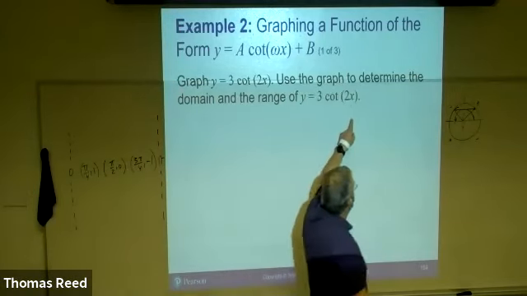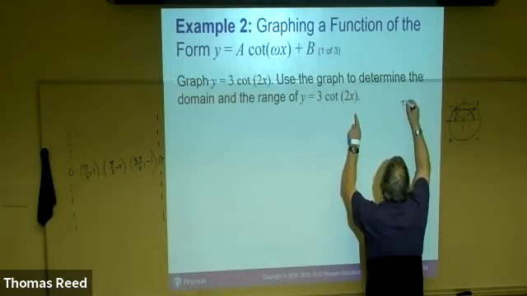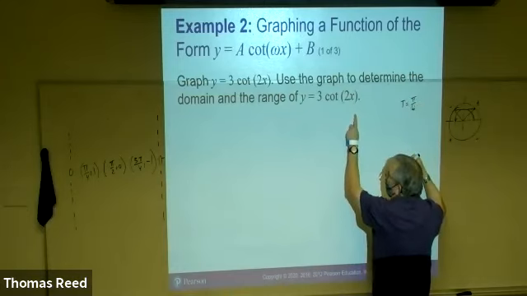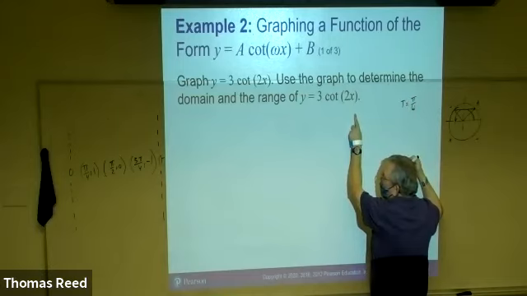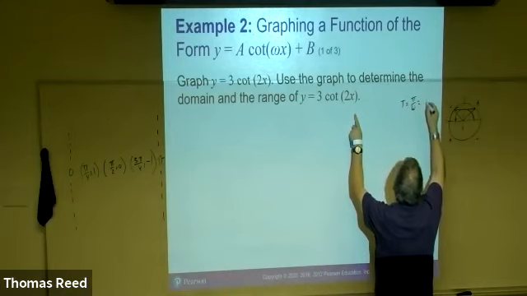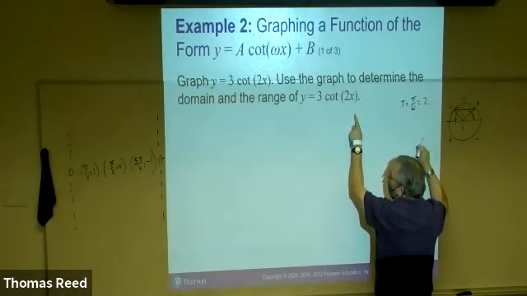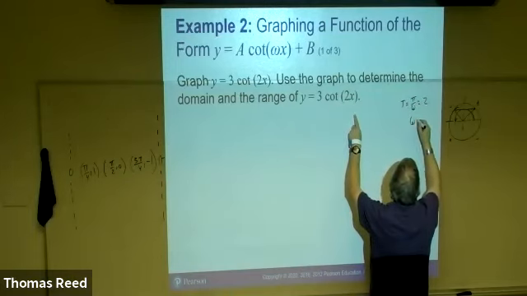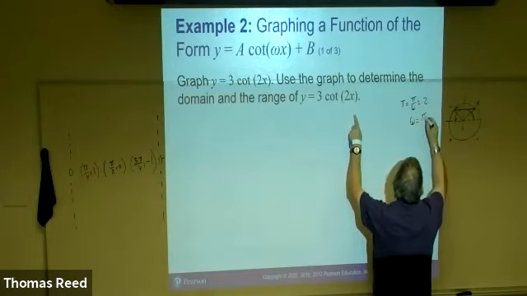For cotangent, the period is pi over omega. So this means I'm going to change my period, because now this is going to equal 2. Which means that omega is going to equal pi halves.